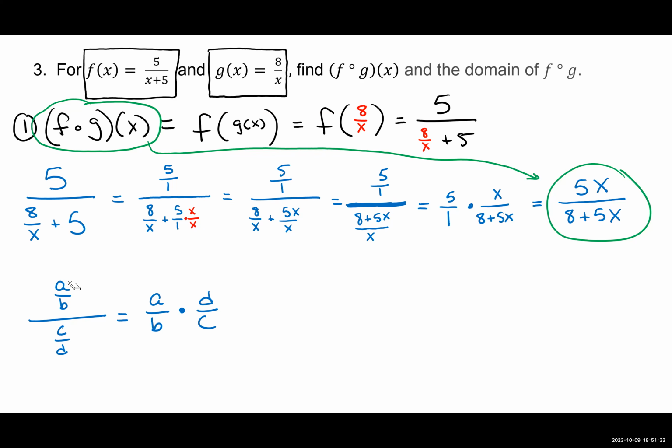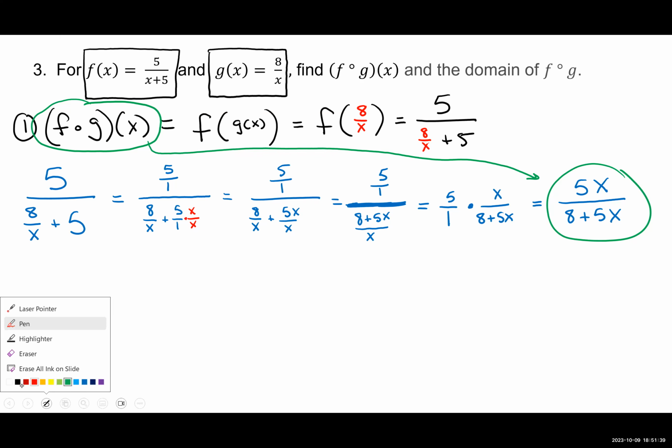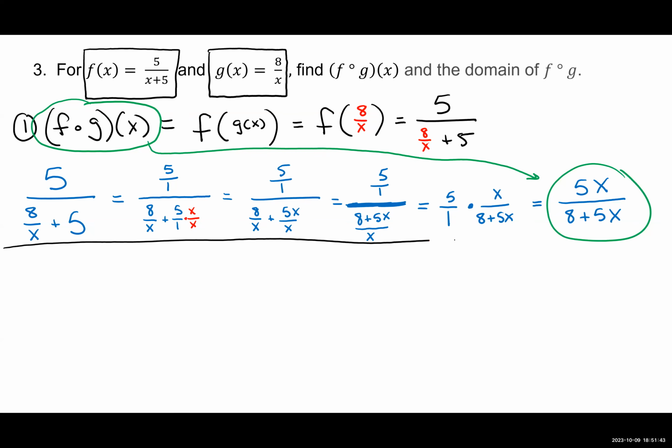Okay, so now the last thing I'm going to talk about in this video is the domain of this composition of two functions. Since we're taking a number from the domain of g of x, that's going into the g function.